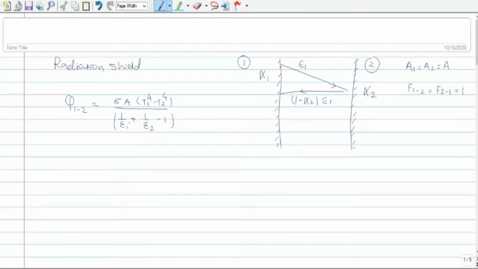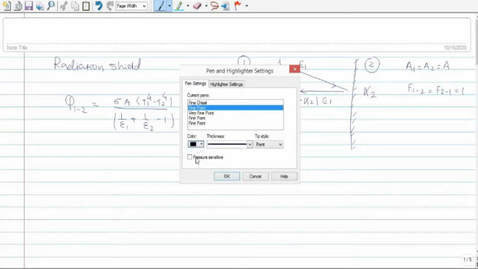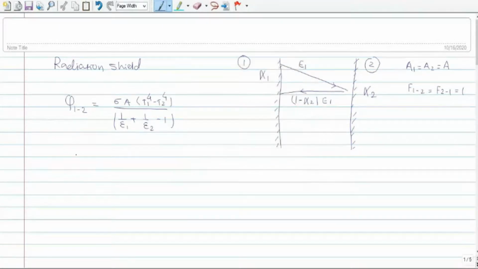Now what I'm going to do over here, in the same case, with the same understanding that heat is transferred from surface 1 to 2 by means of radiation. Suppose this is the same case, the surface 1 and surface 2.